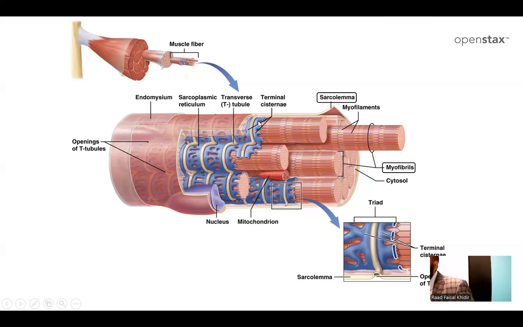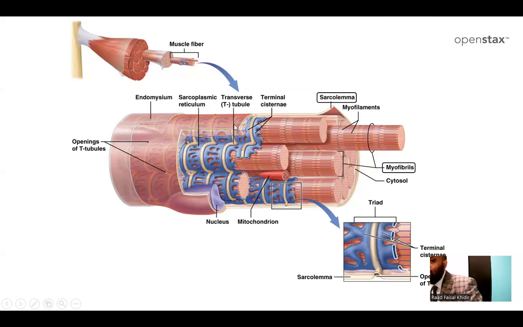When the action potential is flowing down the T tubules, that's going to cause the calcium to be secreted from these cisterns. And when the calcium binds this muscle tissue, that's going to cause contraction.